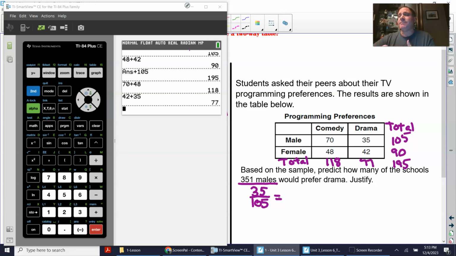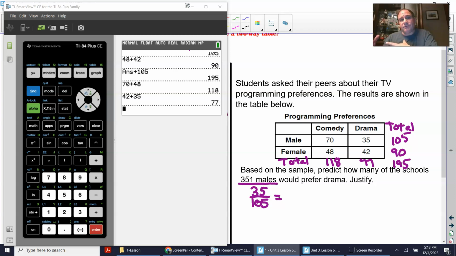That means the sample is less than the 351 males. In other words, they didn't go to every student and ask them, do you like drama? Or do you like comedy? 351 was too much, so they cut it down. They only went to 105 males.